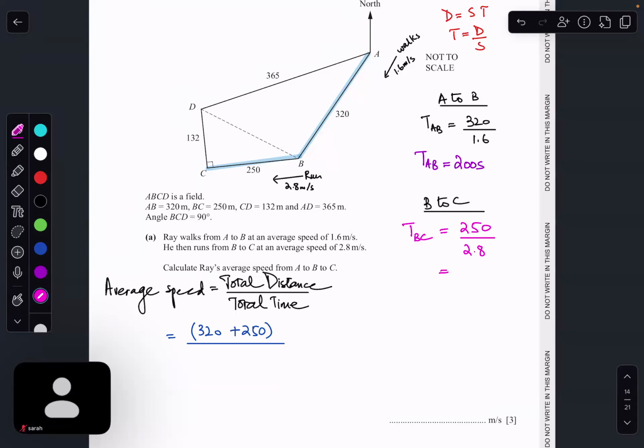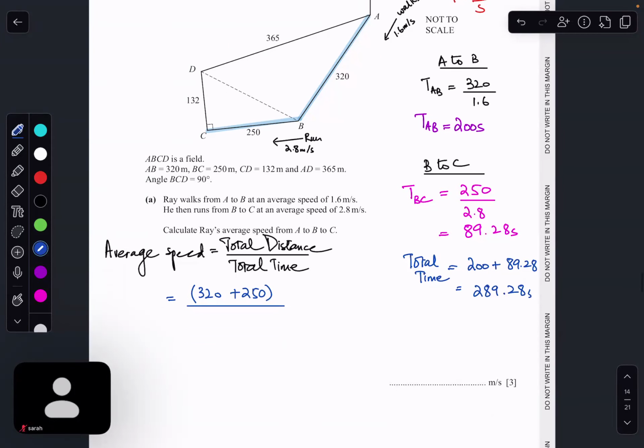Again, 250 divided by 2.8 is 89.28 seconds. So what should be the total time we are referring to? Total time, add them up. 200 plus 89.28, we get 289.28 seconds. Right?